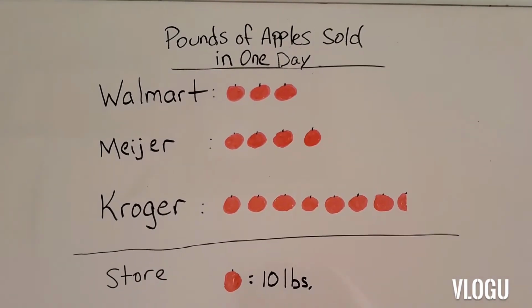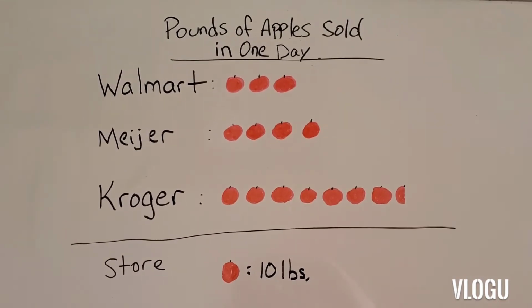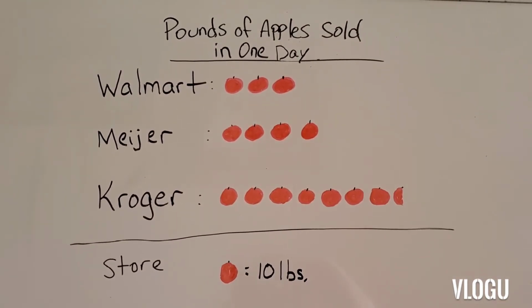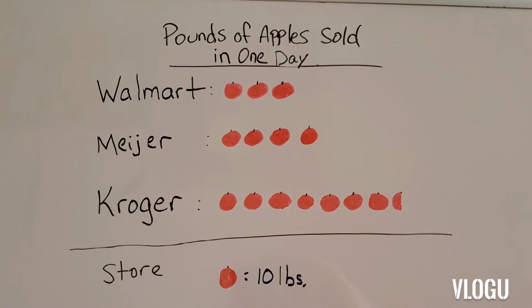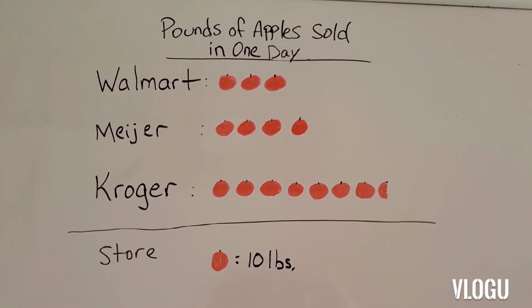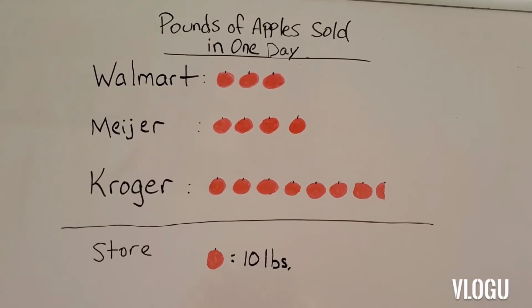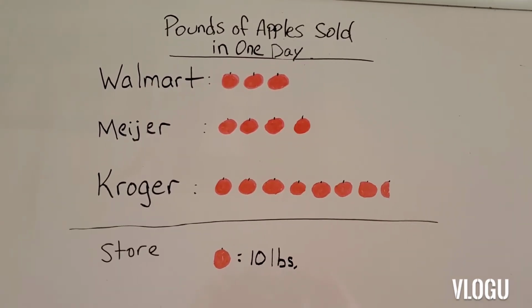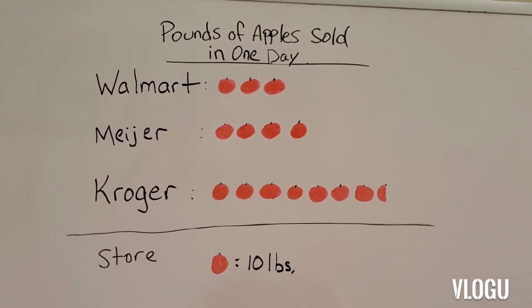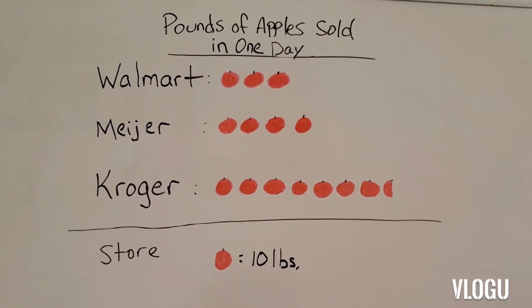Now we can understand a little bit more of what this pictograph is showing. And these numbers are not very realistic, but they'll serve the purpose of interpreting this graph.